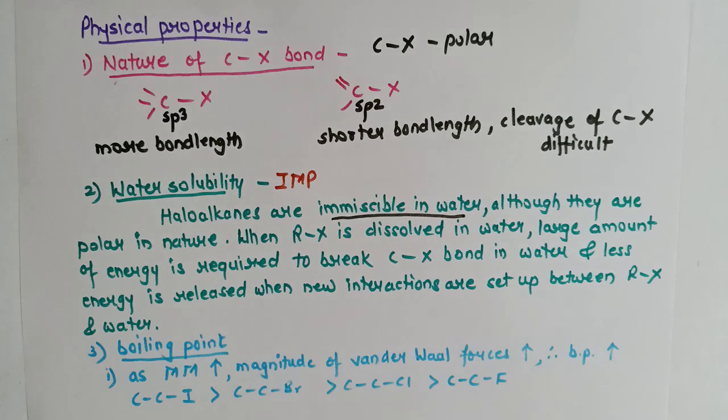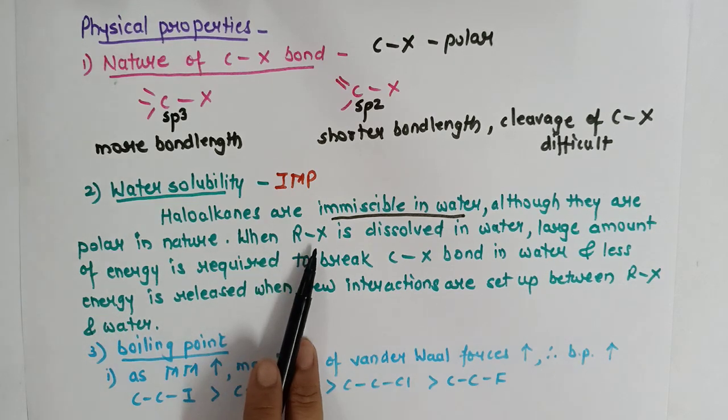Now generally speaking, whenever we talk about water solubility, we say that if the given solute can form hydrogen bonding with water, then it will be water soluble. If it cannot form hydrogen bonding with water, it will not be soluble. But we can have one more reason for haloalkanes.